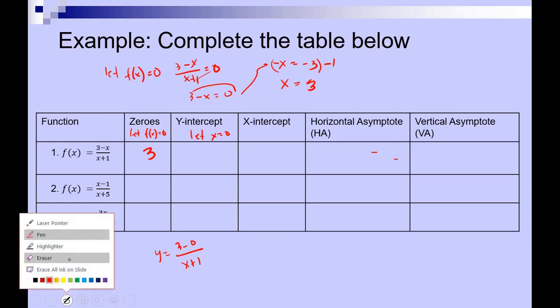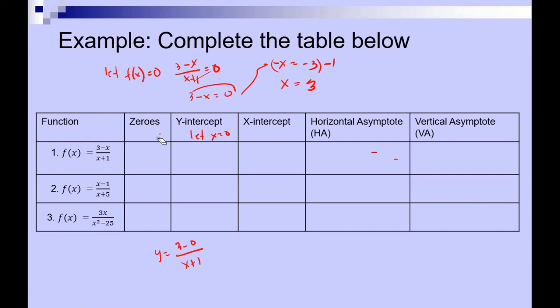So we have 3 minus 0 over 0 plus 1. This is 3 over 1, which is equal to 3. So, this is also 3.